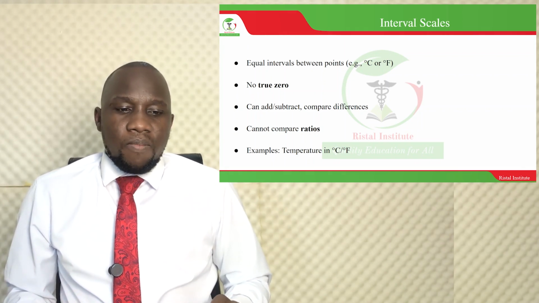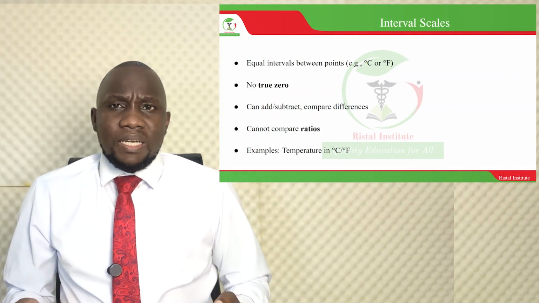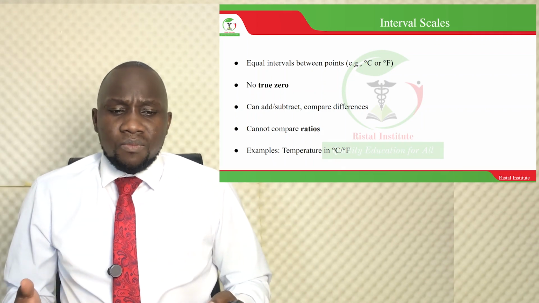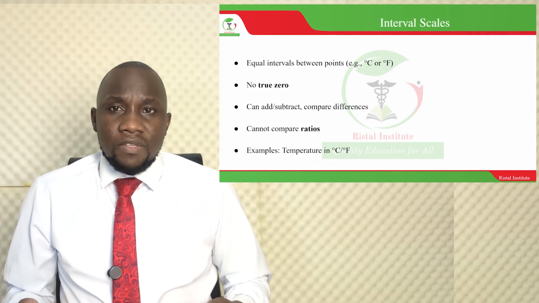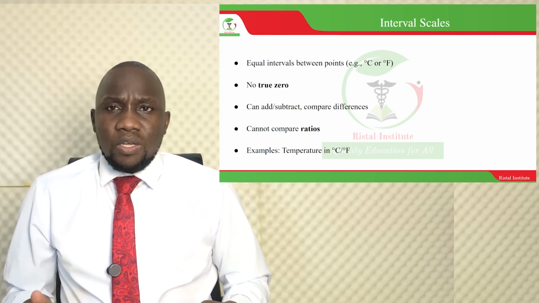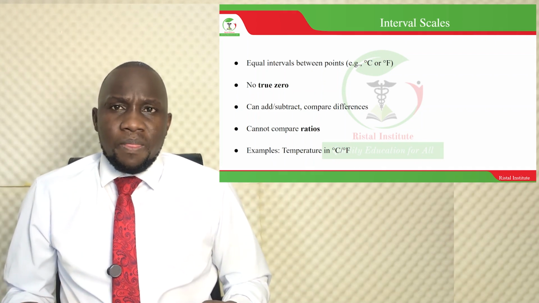Okay, and then the other point is that we can do manipulations around them, and this can be addition and subtraction, and we can compare the differences. What we cannot do is compare the ratios, and the ratios is what we are going to look at next. We shall know what ratios are.